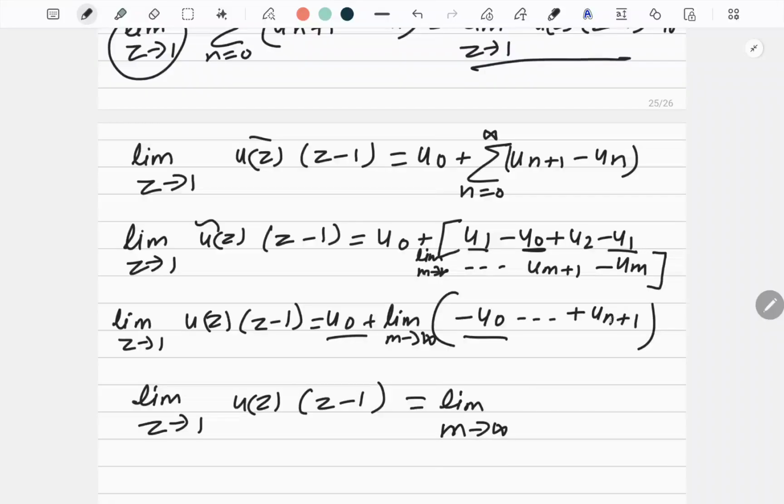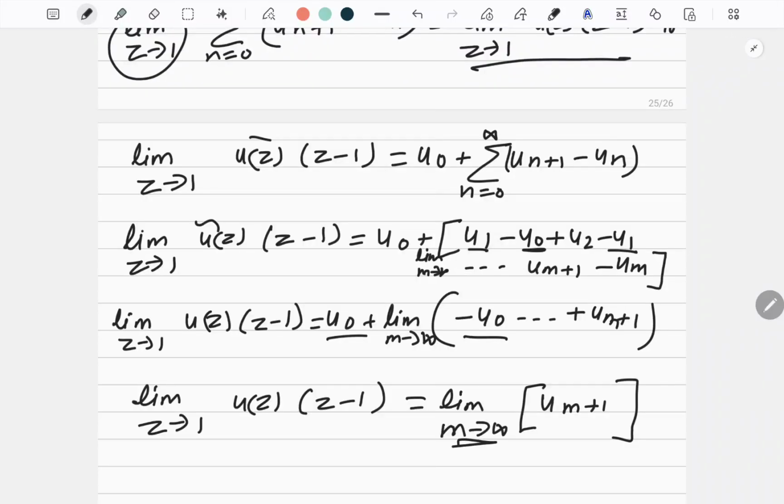Here it is u(m plus 1), and minus u0 if you take it out. So what is left there? I am left with u(m plus 1). Now tell me one thing, as m tends to infinity, m plus 1 also tends to infinity.